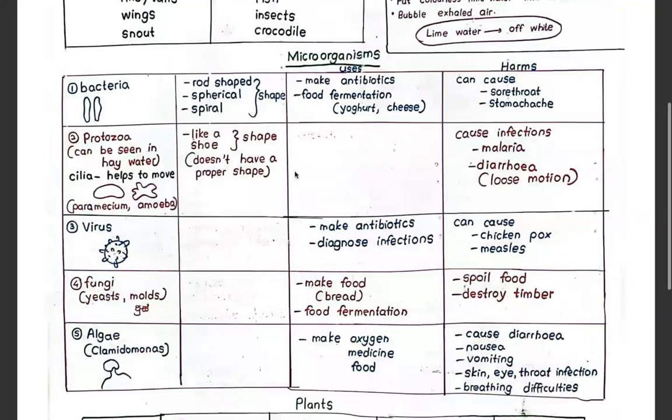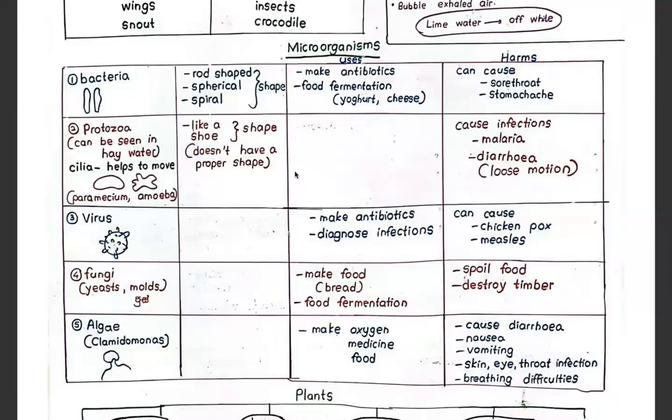Let's have a look at a few microorganisms. We have different types of microorganisms. One is bacteria, the second one is protozoa, then virus, fungi, and algae.